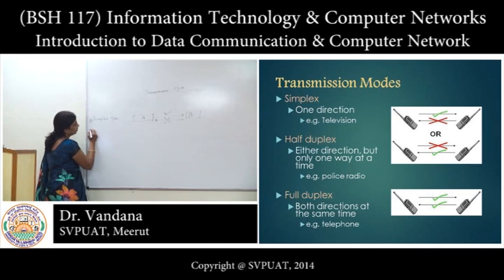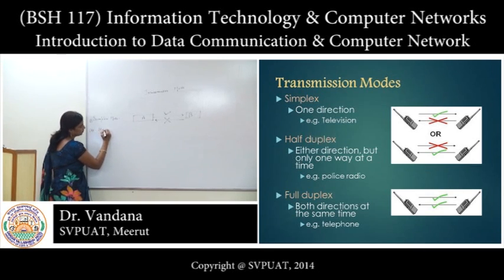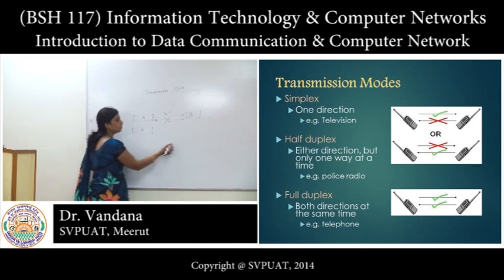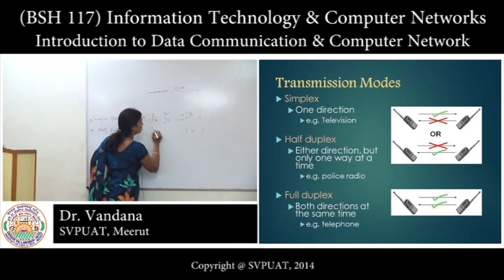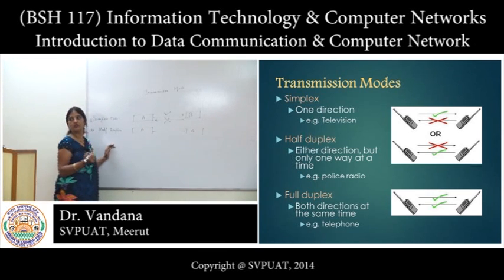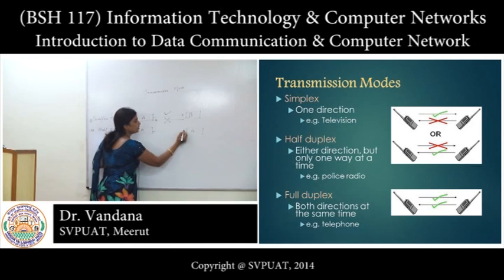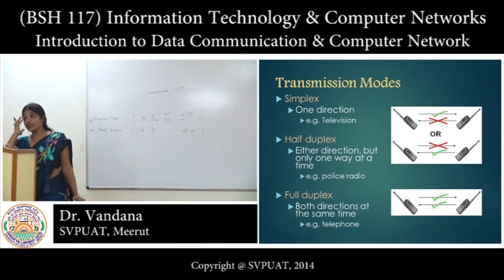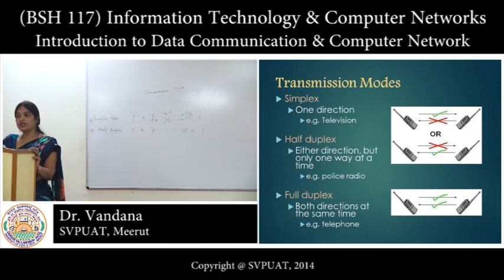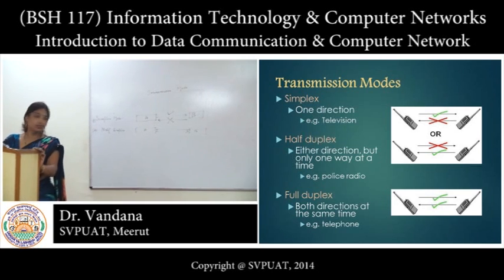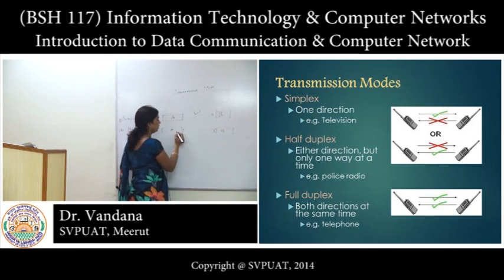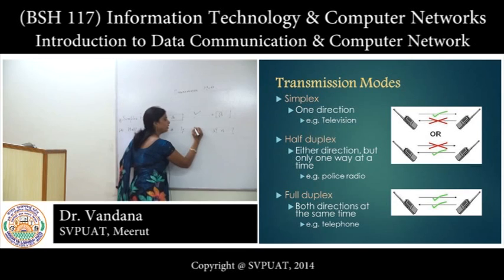Another mode could be half duplex. By half duplex I mean the transmission can be in both directions. A can send some information to B and B can send some information to A. But the problem is, if A is sending some information to B, in the meantime B cannot send any information to A. If A is sending some information to B, then B will not send.